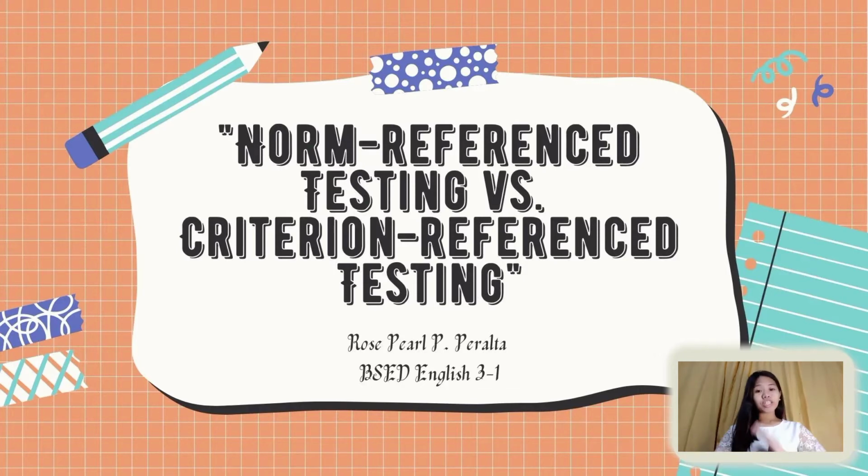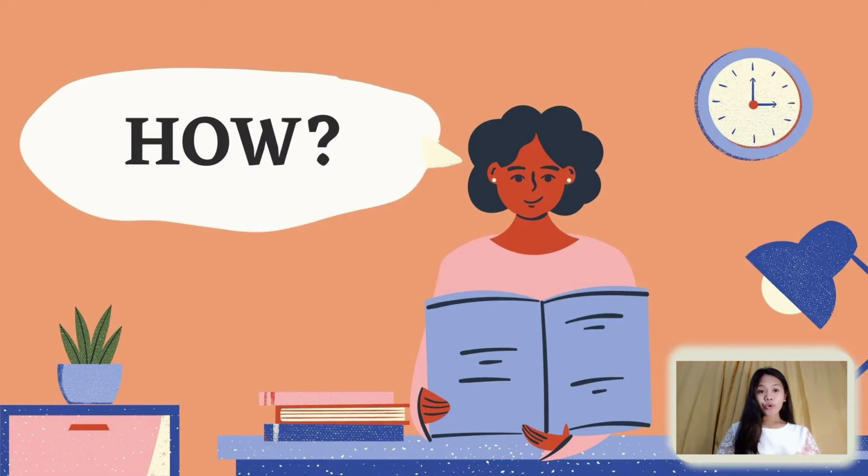So for the continuation of the report under the test techniques, we are going to discuss the standards of grading, which are the norm reference testing and criterion reference testing. So, the question is, how can a professional teacher know that his or her students are doing well in class?